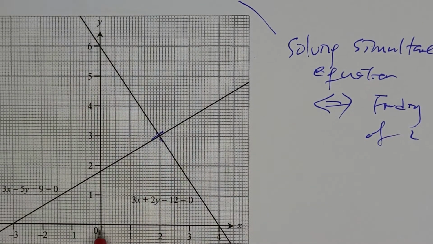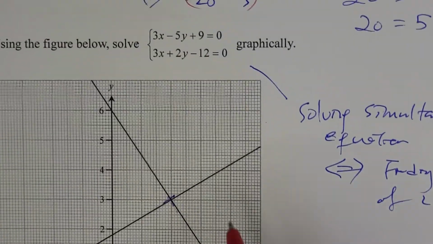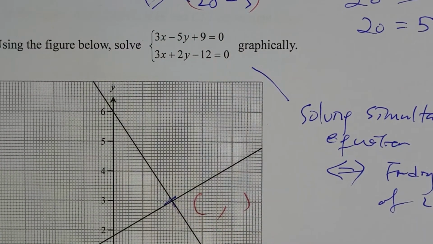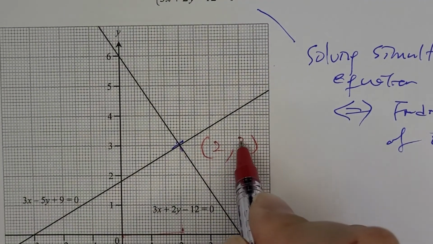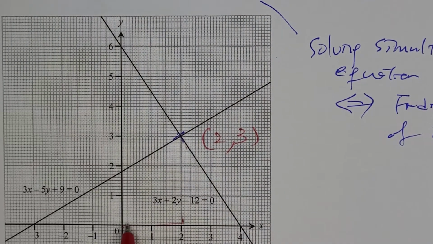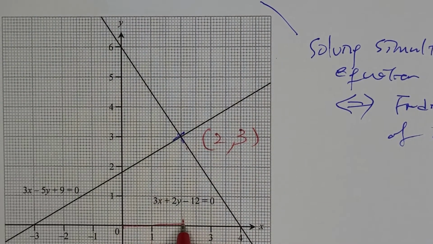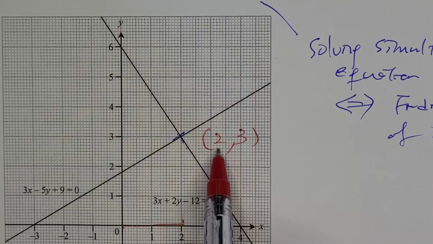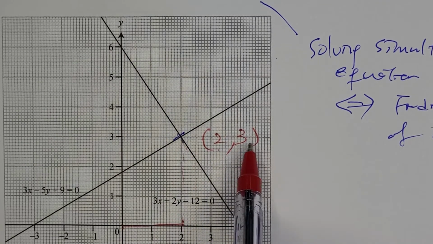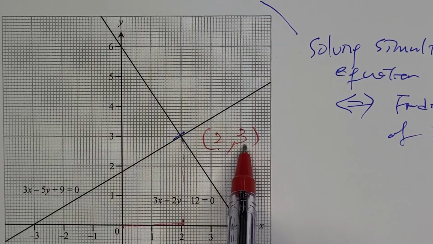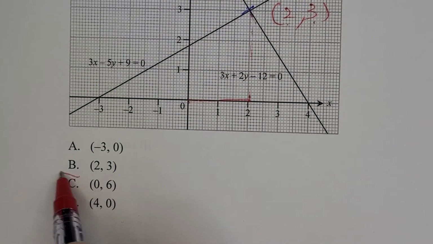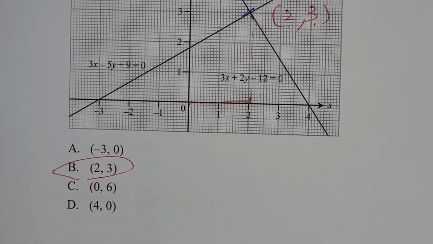First, we move horizontally and then move upward. So this point could be written as 2, 3. First of all, we move horizontally to the right, positive 2, and then move upward 3 units, so positive 3. And therefore, the answer would be B, 2, 3.